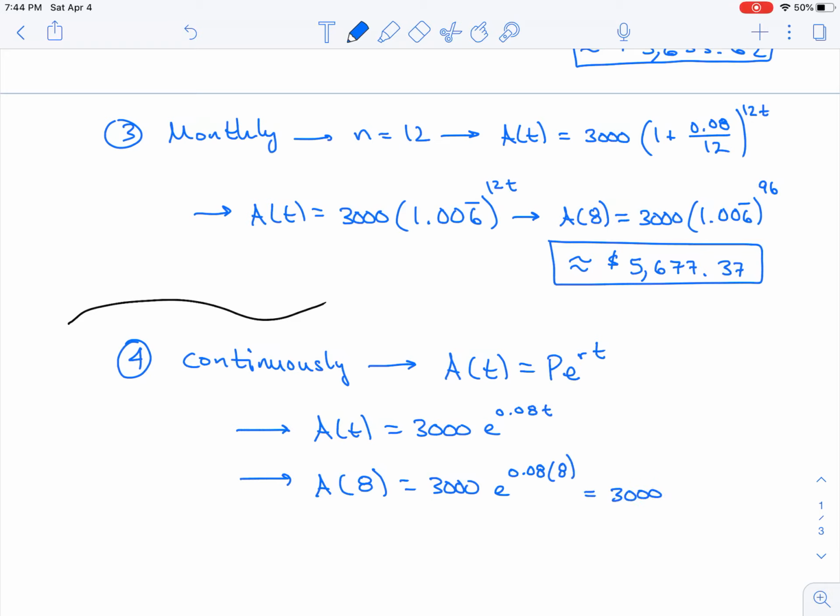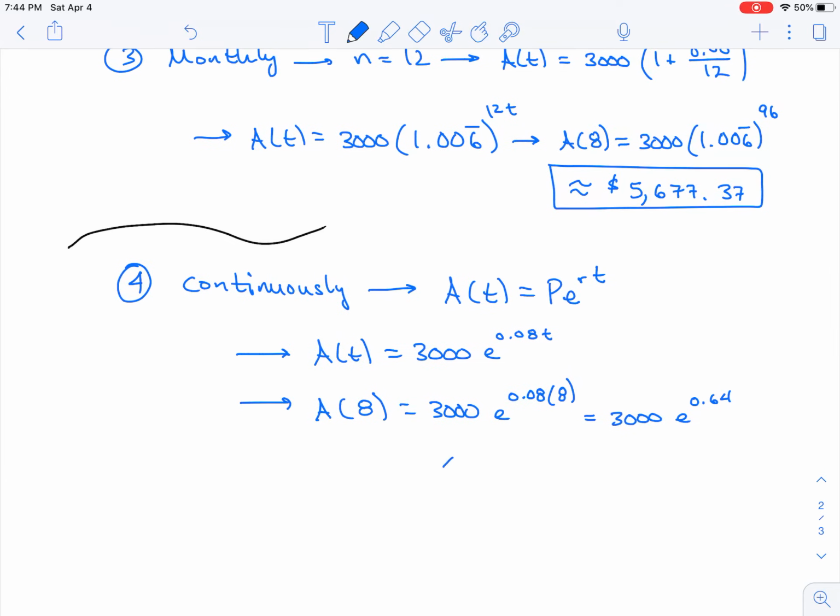And so we get 3,000 e to the 0.64. And this is approximately $5,689.44. So better still, another $12 better to compound continuously. Continuously would be even faster than every second or millisecond.